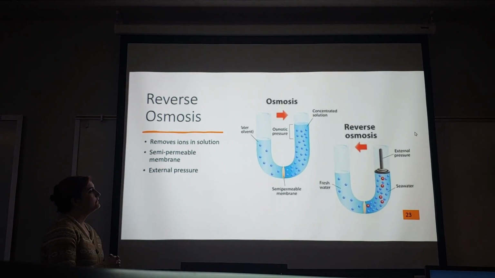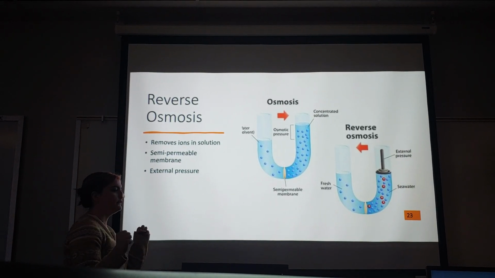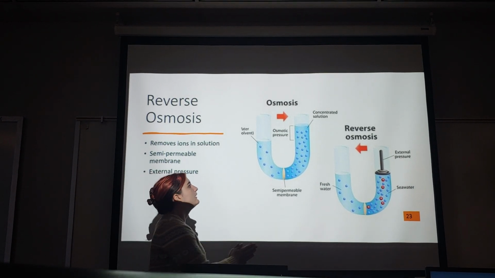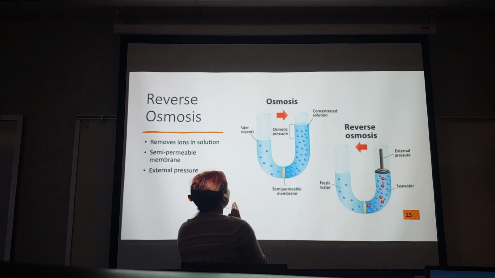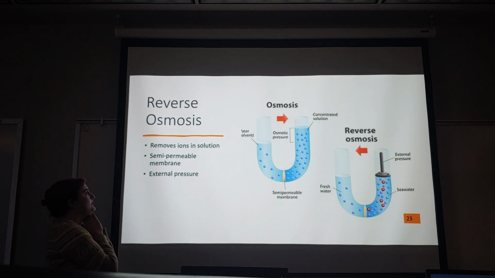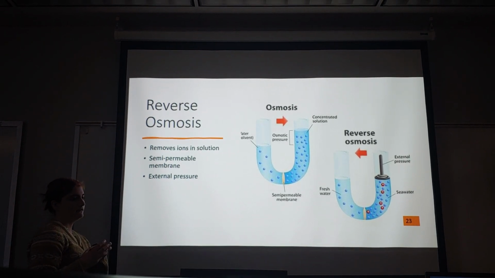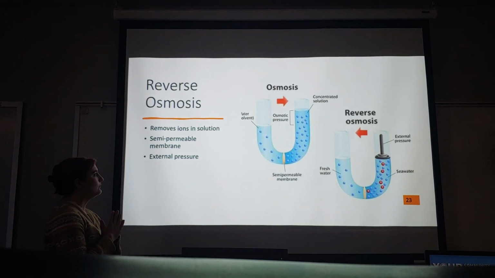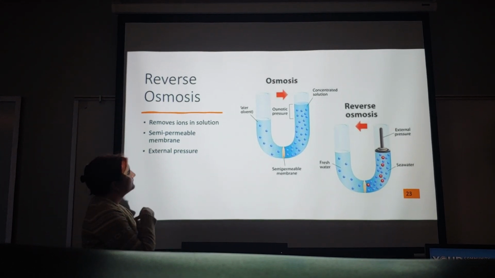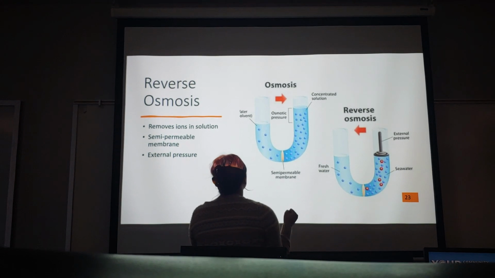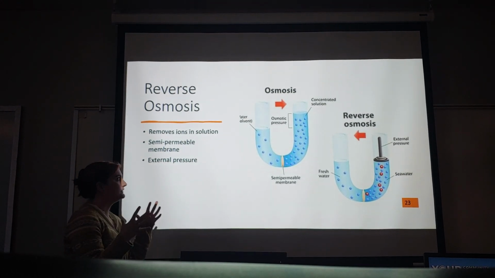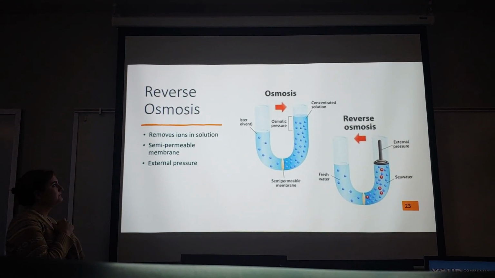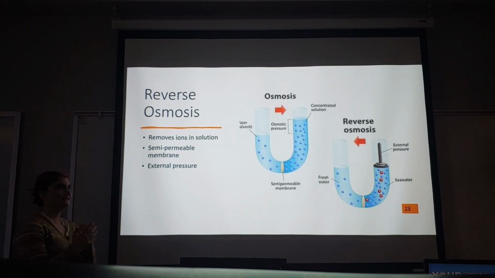All right. The big component of desalination plants is reverse osmosis. Now, osmosis is basically a filtration system that works with turning concentrated solutions into a water solvent type of solution, I guess I should say.